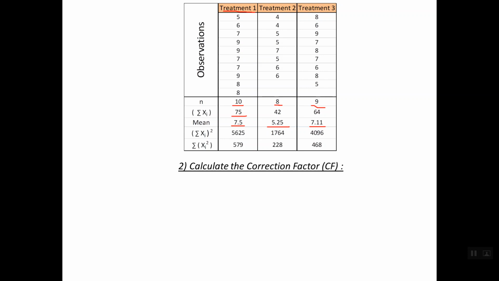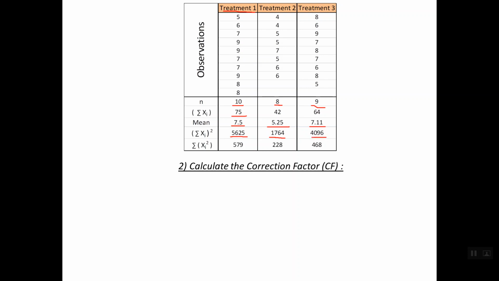We need another calculation in order to calculate the correction factor. We need the summation of the observations, and we need to square this summation. So this is the summation squared for treatment number 1, and this is for treatment number 2, and this is treatment number 3.